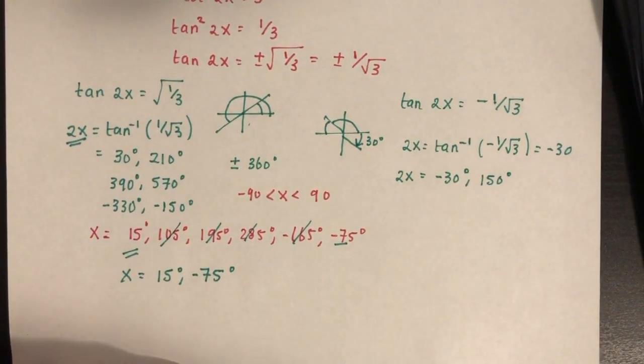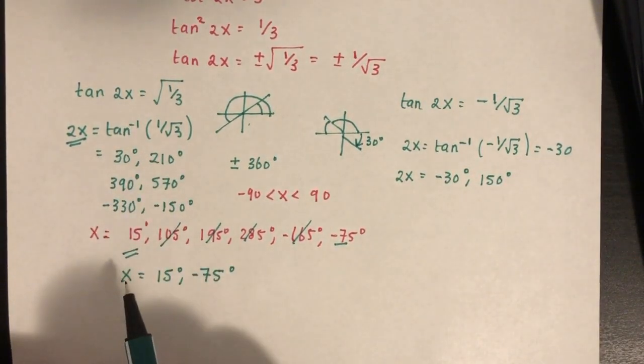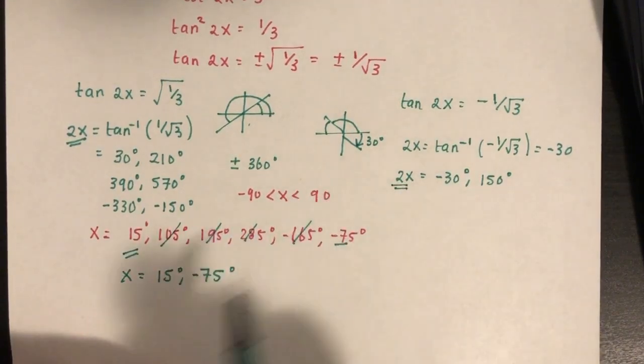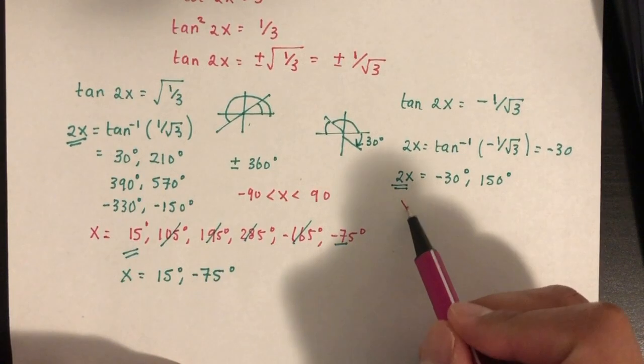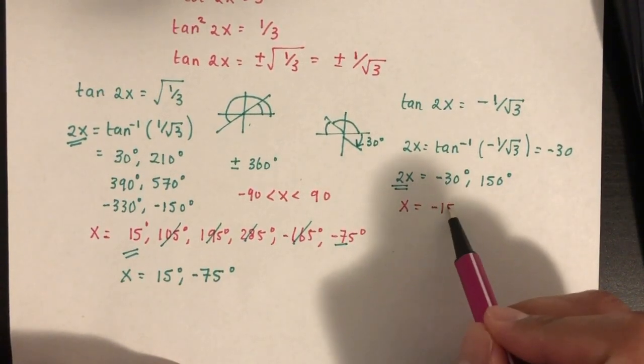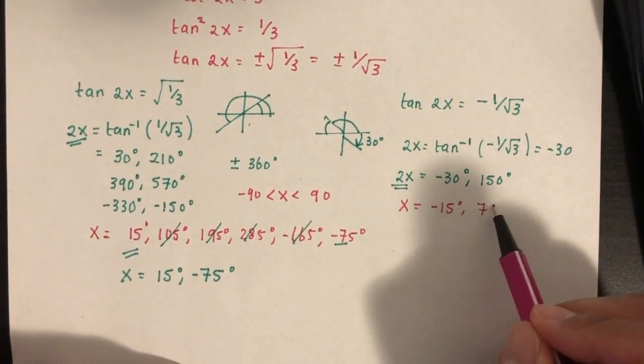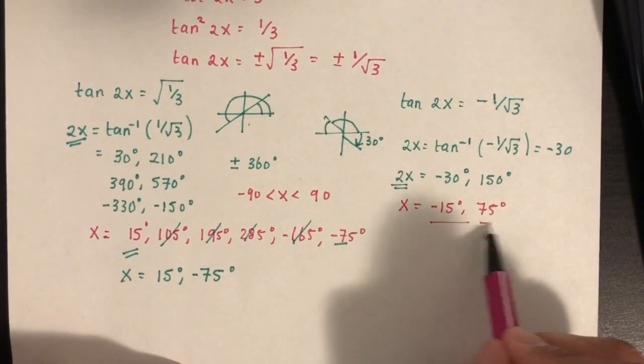So now you can do the same steps, plus and minus 360, because you have 2x here. And you should find the values at x equal to minus 15, and that will be 75. So these are the two values that you will have.